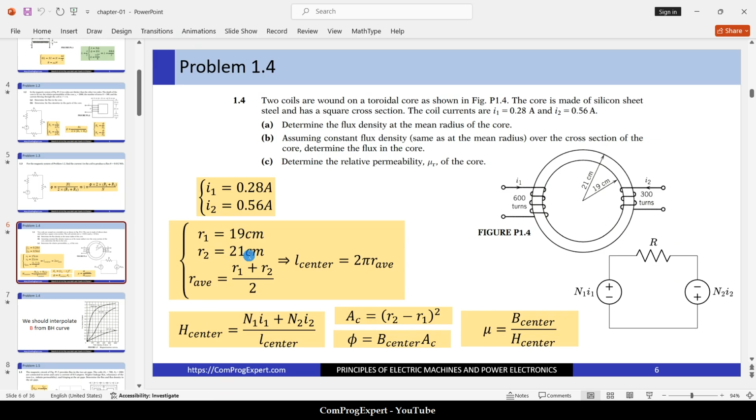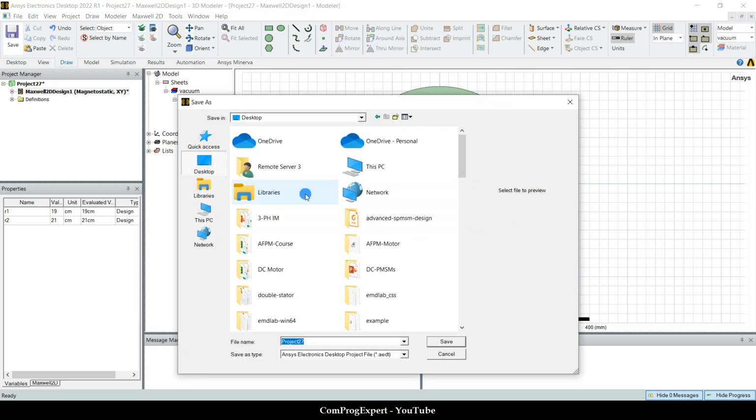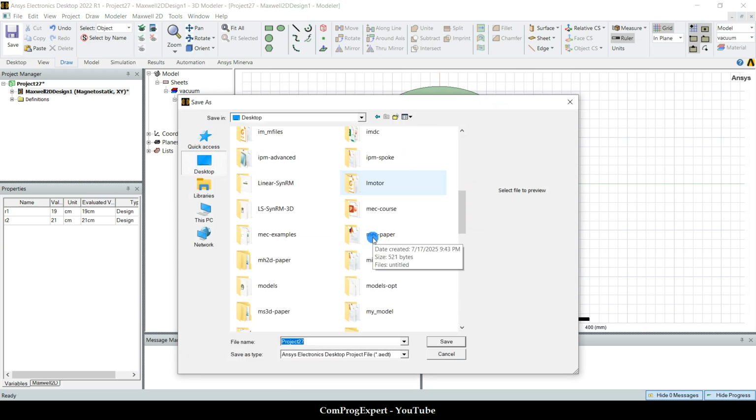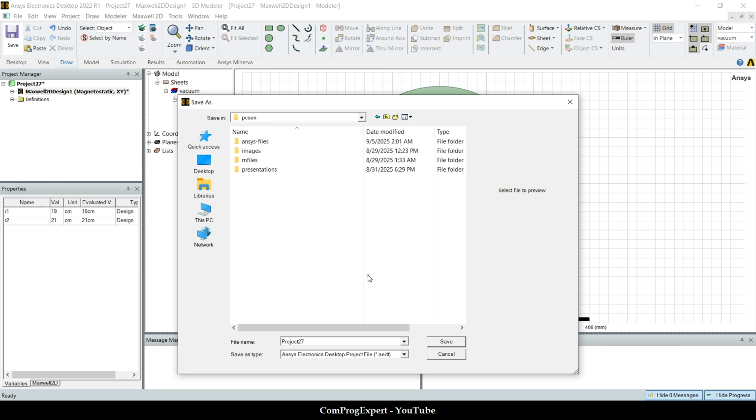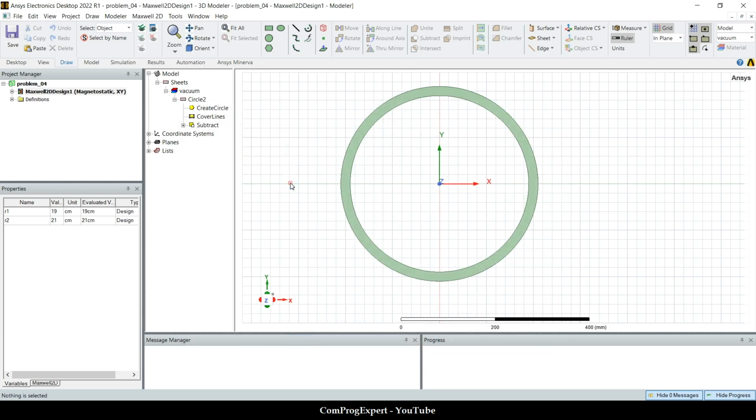So let's save the project in the same folder here for chapter 1. This is problem number 4.